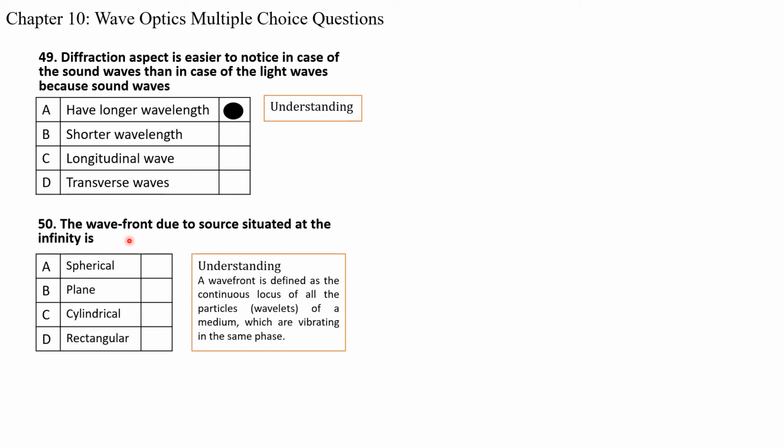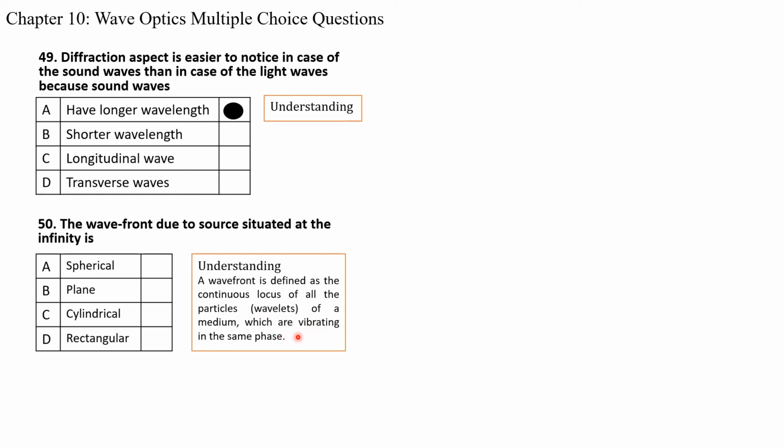Question number 50. The wavefront due to source situated at the infinity is. Now we have to identify the shape of the wavefront. So what is a wavefront? A wavefront is defined as the continuous locus of all particles, wavelets of a medium, which are vibrating in the same phase.